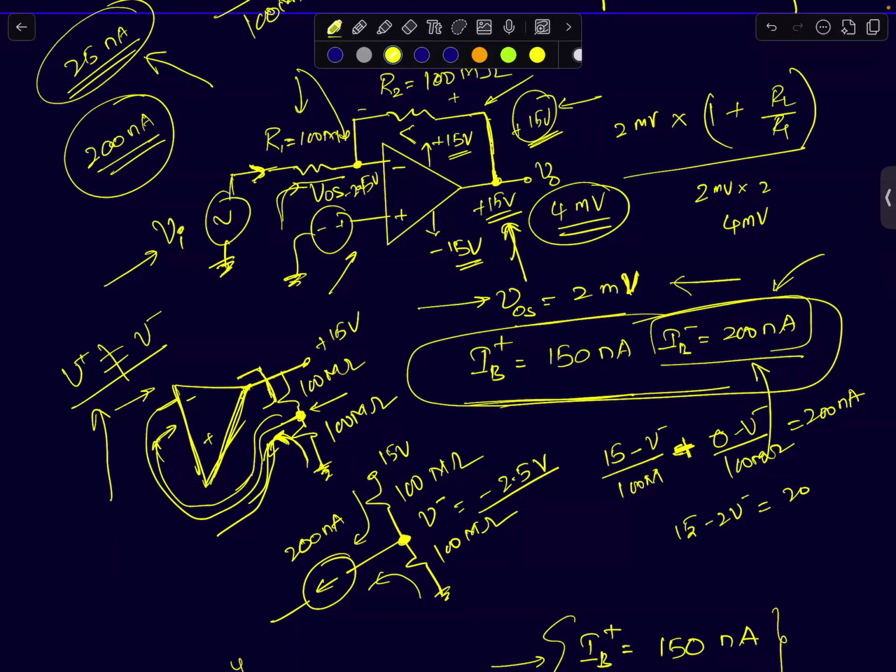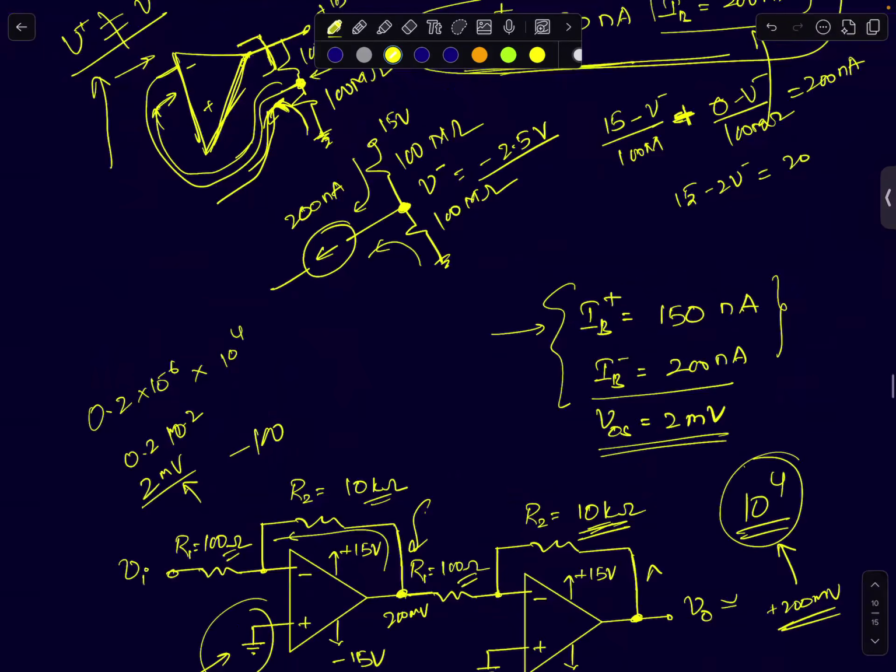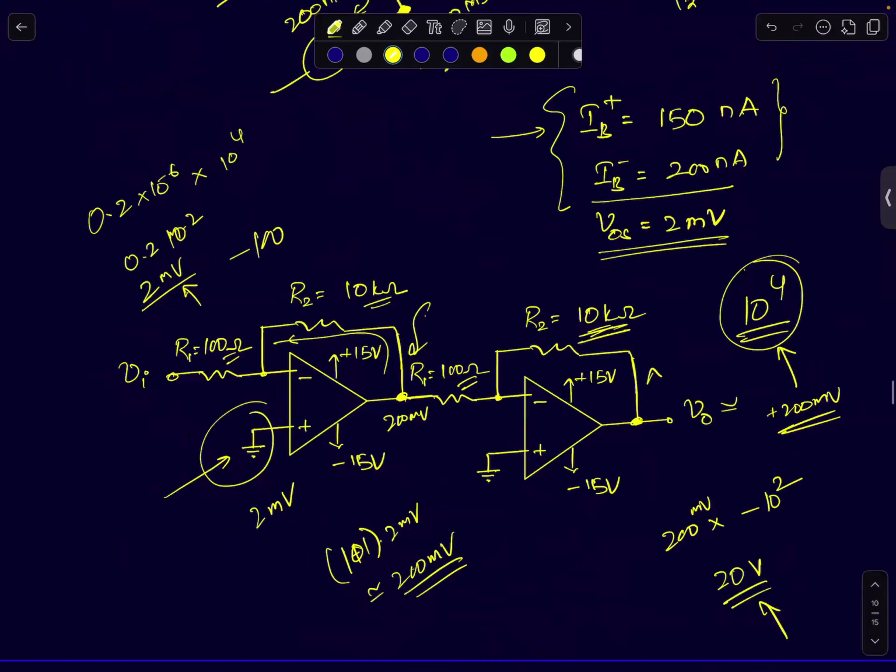If the feedback resistance is large, then the bias current itself can saturate that op-amp's output. Generally, when you have very high gain circuits, you have to worry about offsets. Offset can become a serious problem. I took this example to show you the difference between how offset and bias currents can impact circuits very differently.